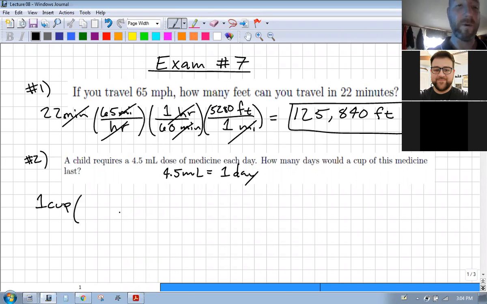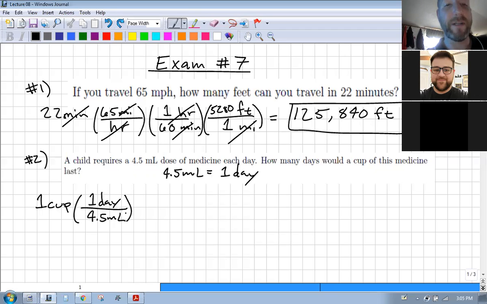So we're going to have to get rid of cups. We want cups on the bottom and we want to end up with days on the top. So we know that 1 day is the same as 4.5 milliliters. This is a smart one. This is our conversion factor. Basically, it's just what I wrote down a while ago, 1 day divided by 4.5 milliliters, but using the concepts of unit conversion and smart ones.